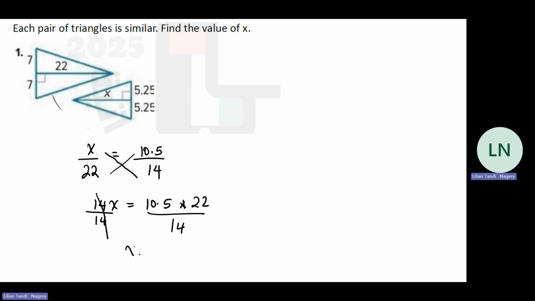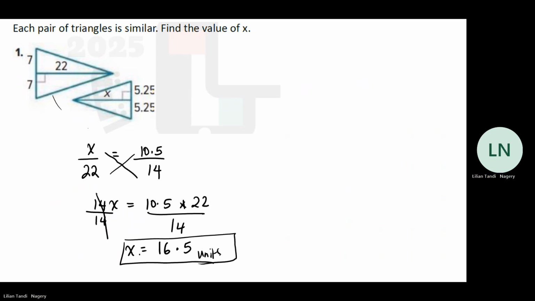Okay, so let's put in the calculator 10 and a half times 22, divide 14. That should give us 16 and a half units.